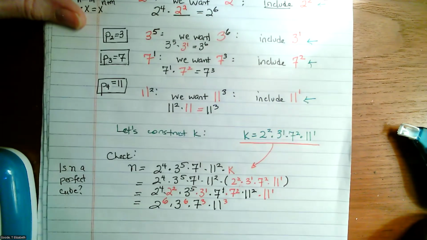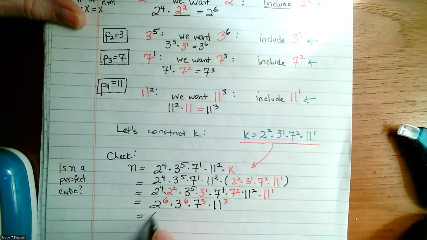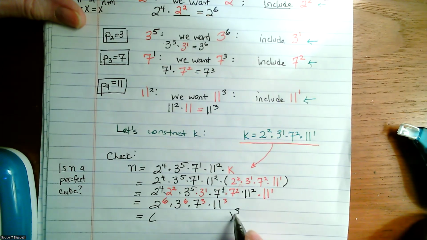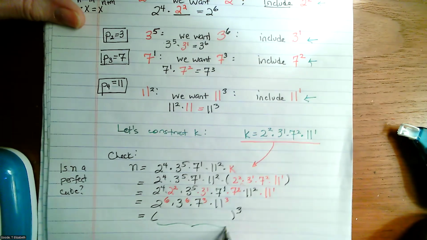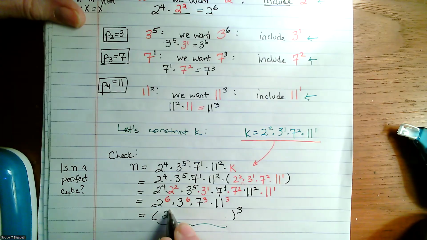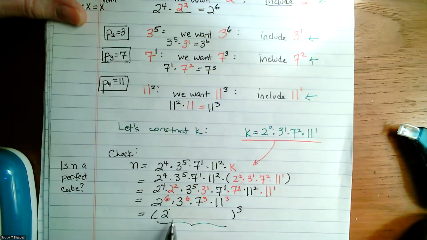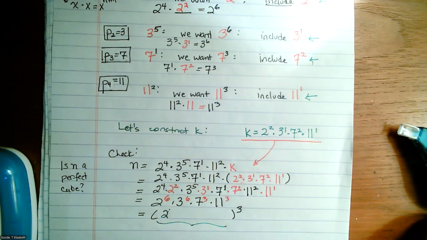Well, it is if we can write it as a cubed for some integer a. So if we factor out a 3 from each of those factors, what's left in here? What's our a? 2 to the third? Let's see. When we raise an exponent to another exponent, we have to multiply.